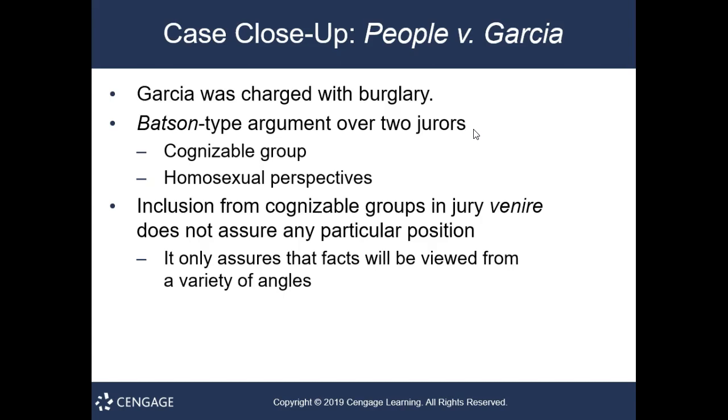Back then, it was not yet recognized that homosexuals was a cognizable group. It went up to the Court of Appeal after the trial court found that the peremptory challenges were good, and the appellate court reversed and said no, homosexuals are a cognizable group. So it's the first time we've actually seen a holding that homosexuals are a cognizable group.